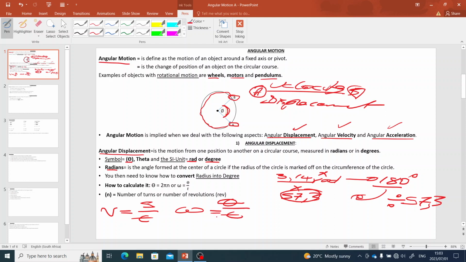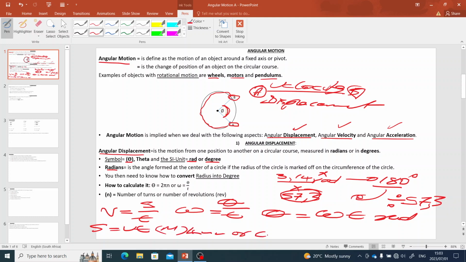From this formula, you can make theta the subject of the formula, which will be omega multiplied by t. Then your answer is in radians, just as on the linear, s equals vt, and the answer is in meters or kilometers or centimeters and so forth. It's one of the formulas that you can use to calculate your angular displacement.